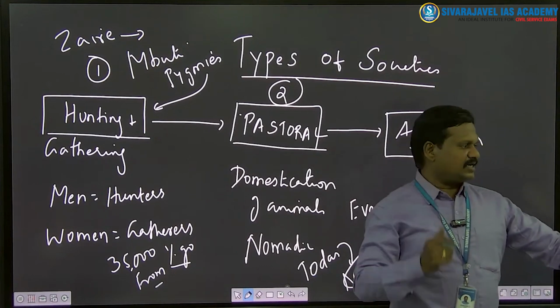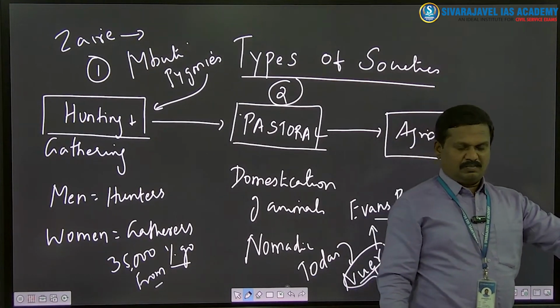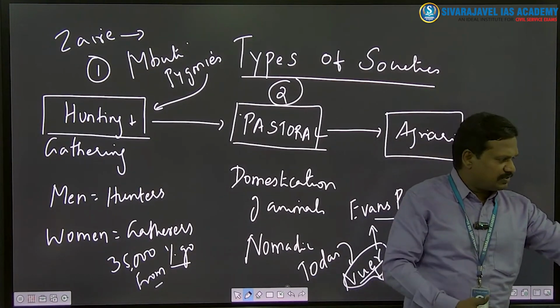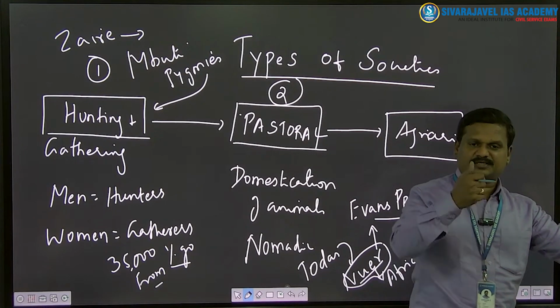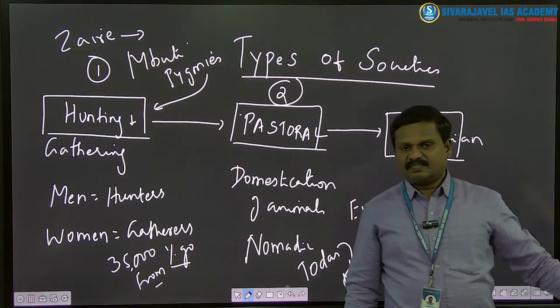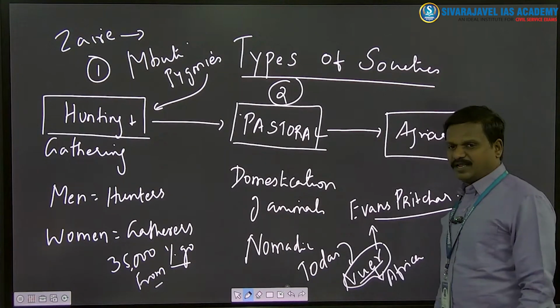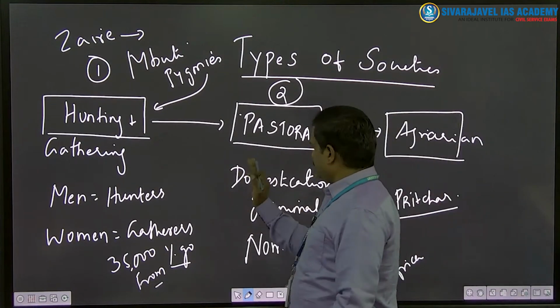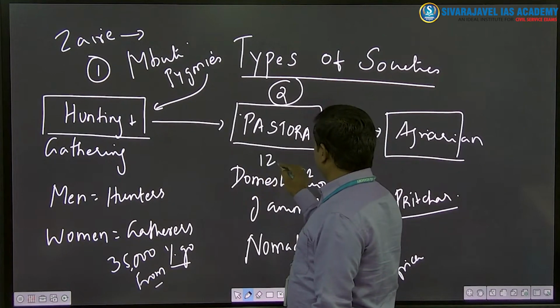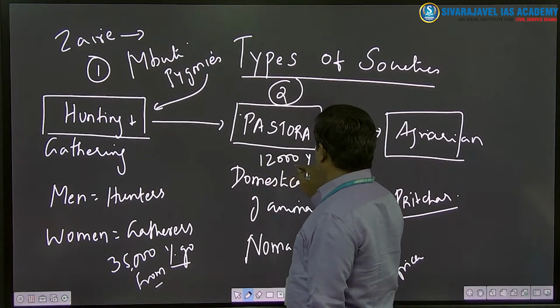Though we have started industries and all, still 60% of the population are directly and indirectly dependent on agriculture. So every society is agrarian for that purpose. If you look at some dates, they say this society started from 12,000 years ago.